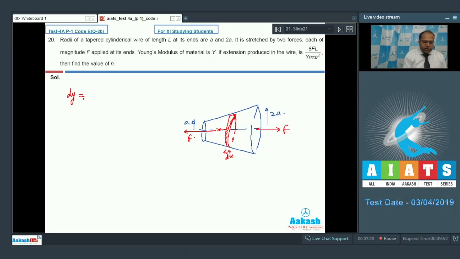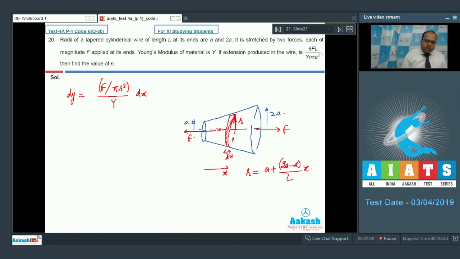Then dy is equal to stress, so force F divided by cross-sectional area, let its radius be r, so pi r square, this is the stress, divided by Young's modulus into dx. I find the value of r at this position at a distance x. The value of r is a plus (2a minus a) divided by L into x.